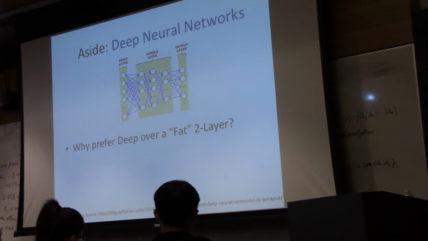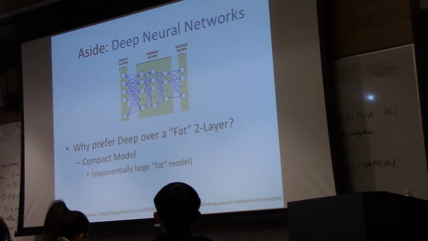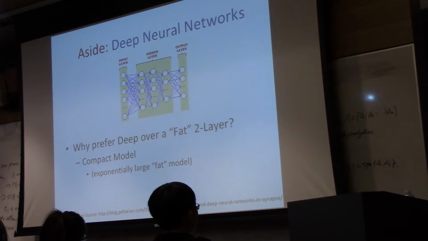Why might we prefer a deep network over a shallow network? It turns out that, given a fixed number of neurons, these deep networks are often more expressive than a similarly sized shallow network, right? In order to capture this function in a shallow network, it requires an exponentially large fat shallow model, because of all the different nonlinear transforms stacked on top of each other.